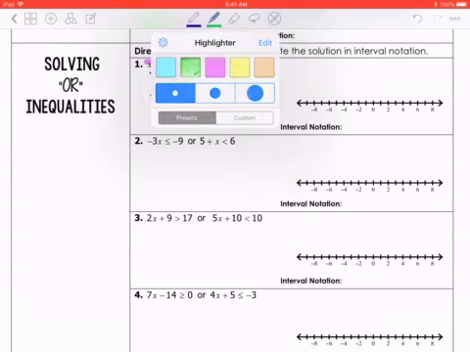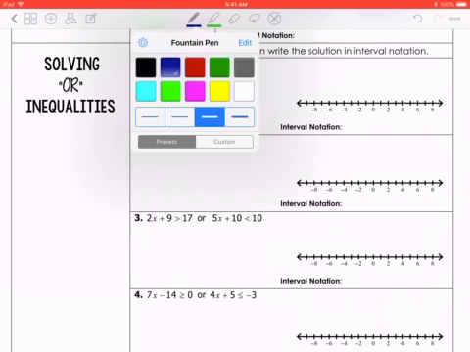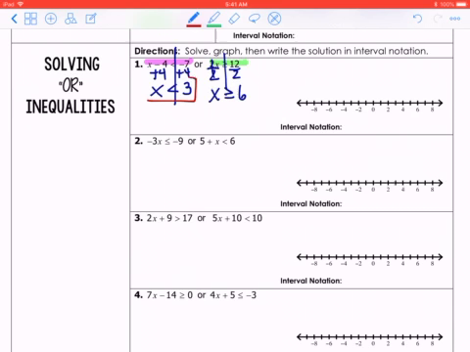Then I come over here and solve the second inequality. Now I'm going to divide by 2, and my other inequality is that x is greater than or equal to 6. So now I have two separate answers. I have x is less than 3, or, remember that word, x is greater than or equal to 6. Now I need to graph this on my number line.